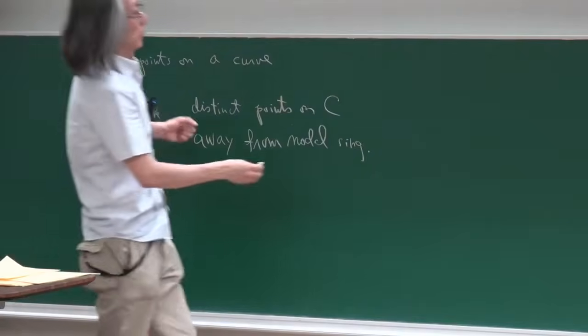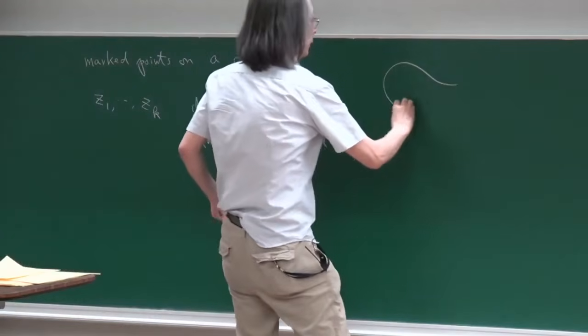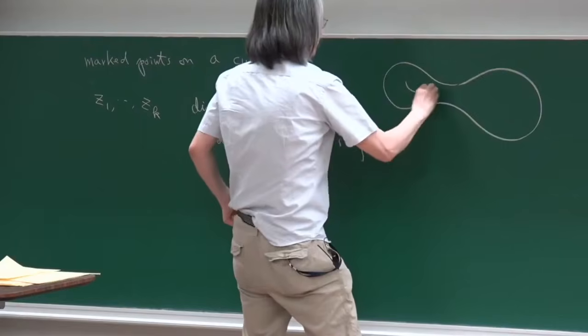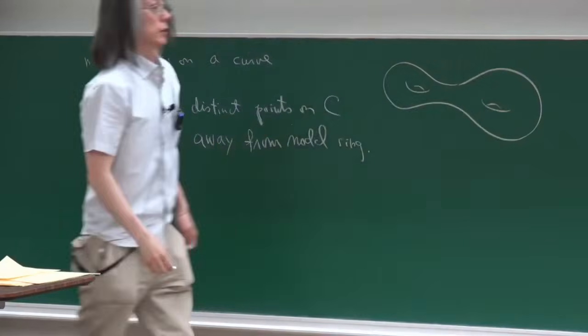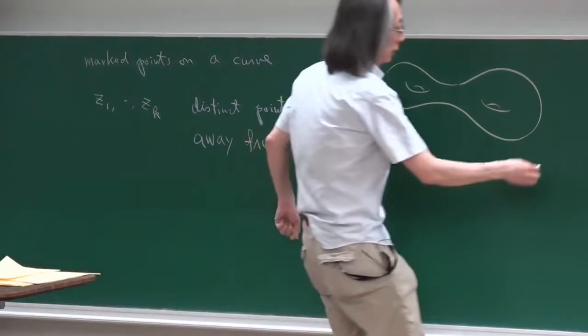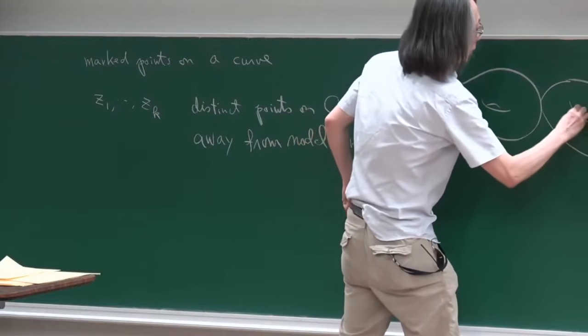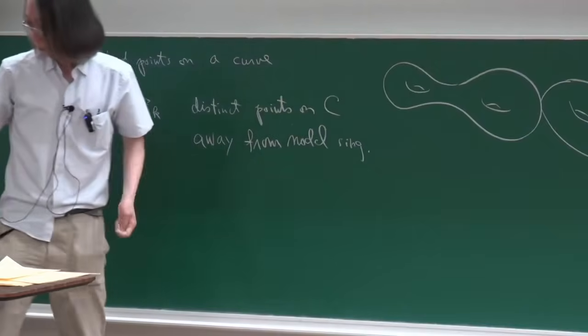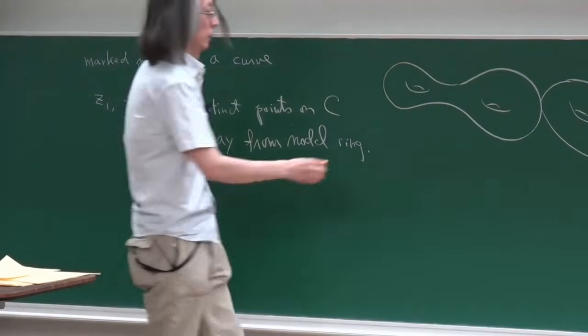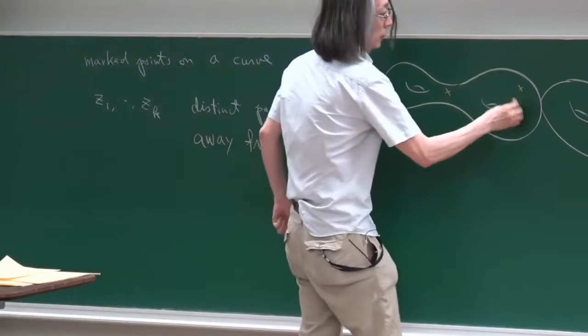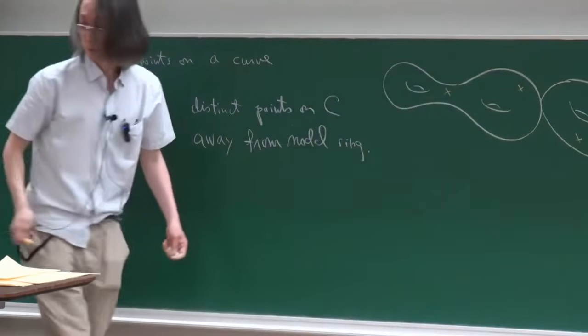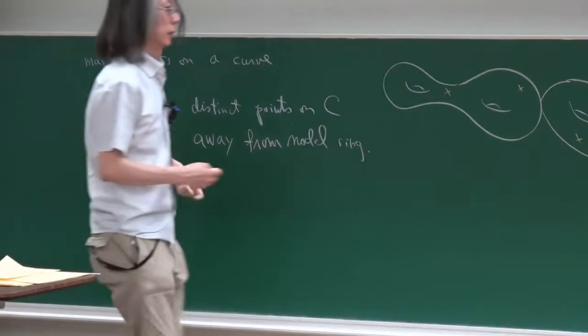So if I write, so the picture is always, yeah, just a cartoon picture, because I cannot really draw any real picture here. So marked points are just points somewhere like this. So Z1, Z2, Zk.